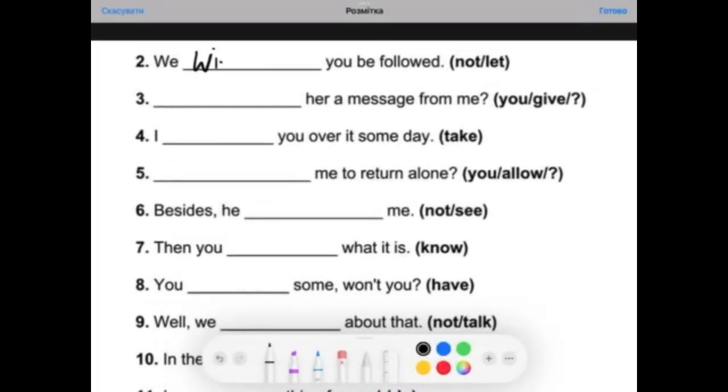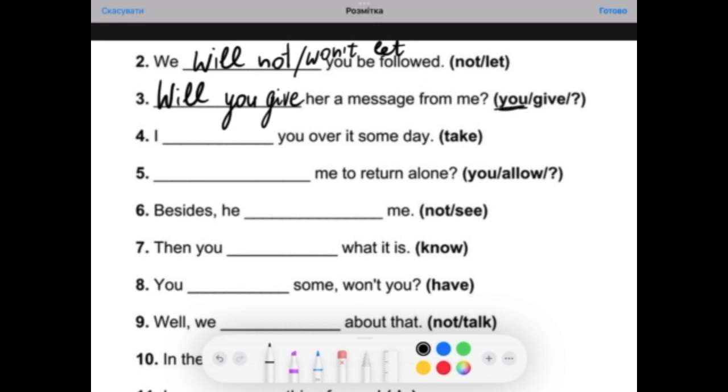So the first sentence, we will not let you be followed. Or also we could say the long form, will not, or won't, the short form, and let. Then her message from me. Will you give her a message from me? This is the question, that's why we need to put our first word, will, in the first place.